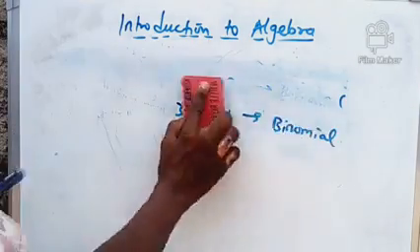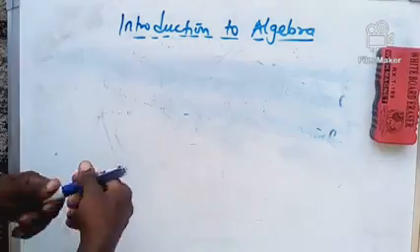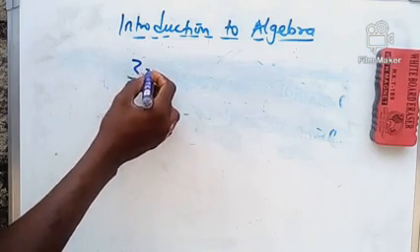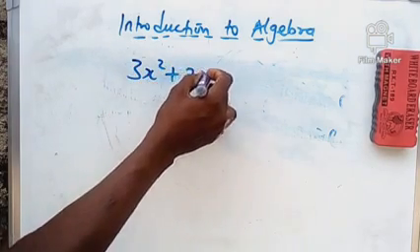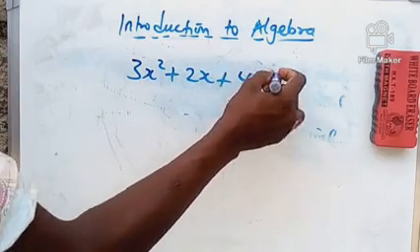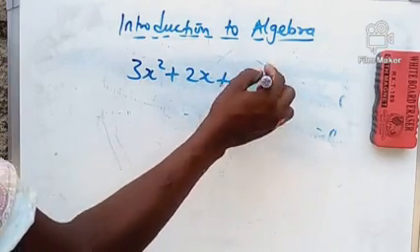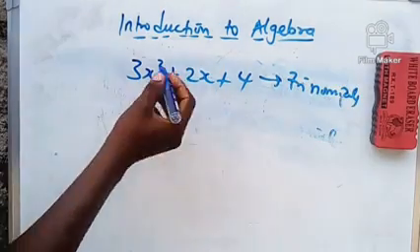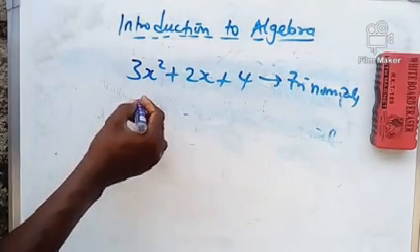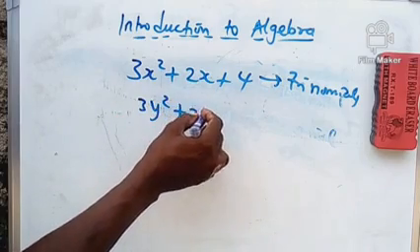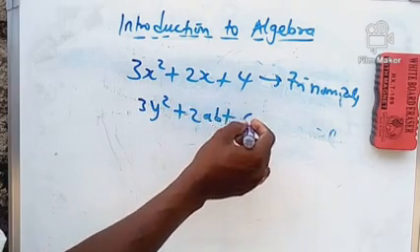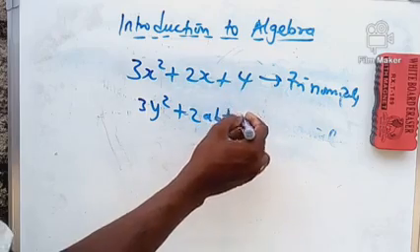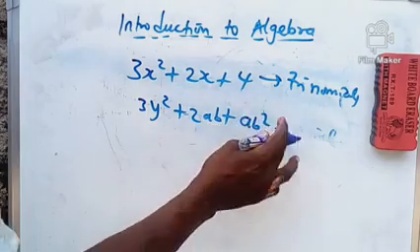If you have something like 3x squared plus 2x plus 4, we call these trinomials. It can come in this form: 3y squared plus 2ab plus ab squared.